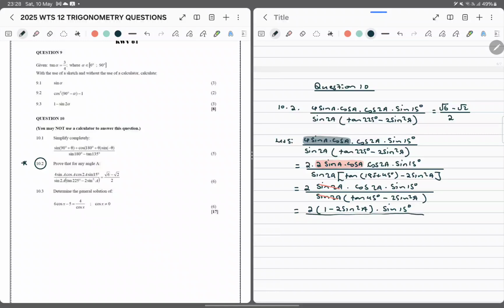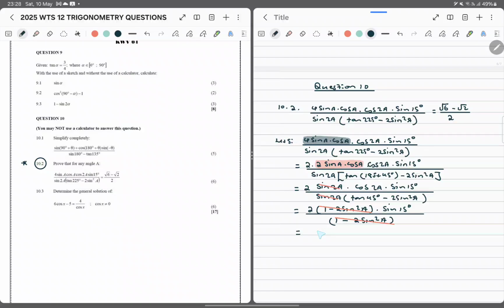Remember the acute angle, you deal with it later. Now we know what's left. Tan 45 is 1 minus 2 sine squared a. That takes care of that.